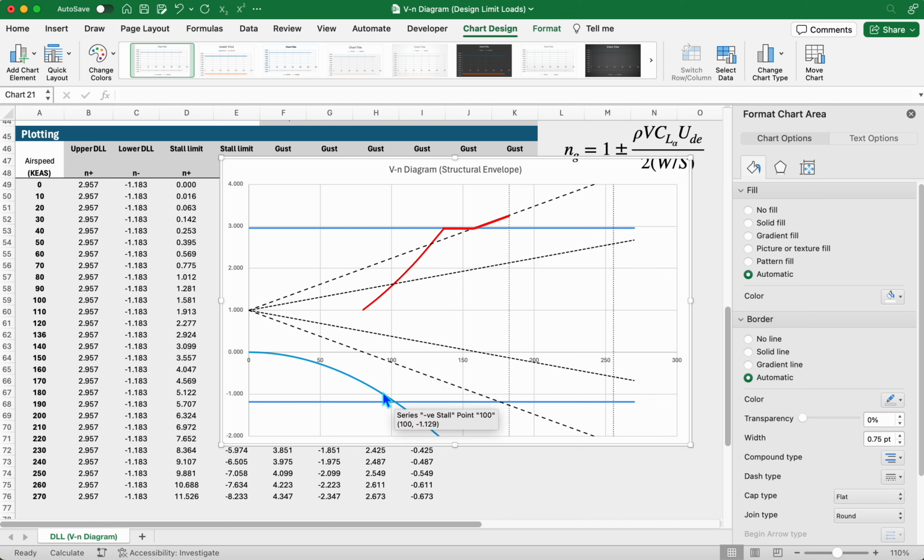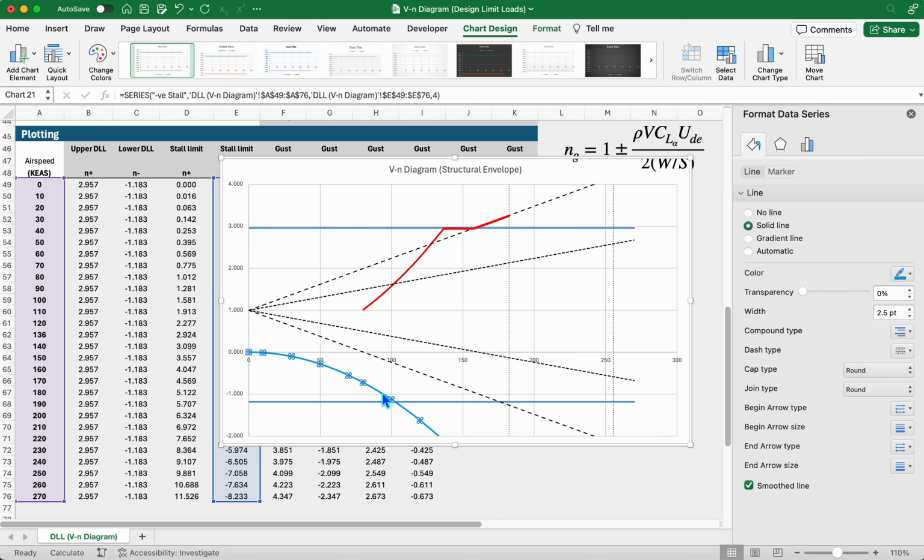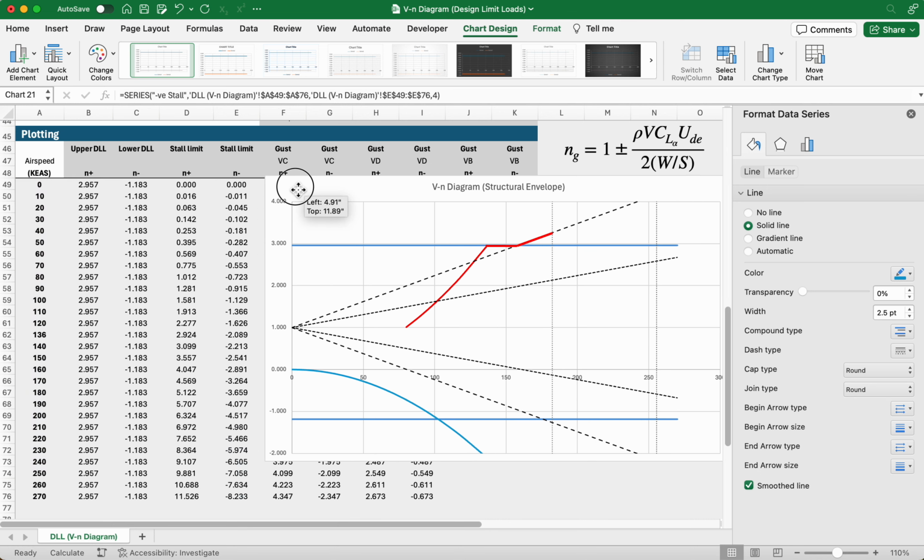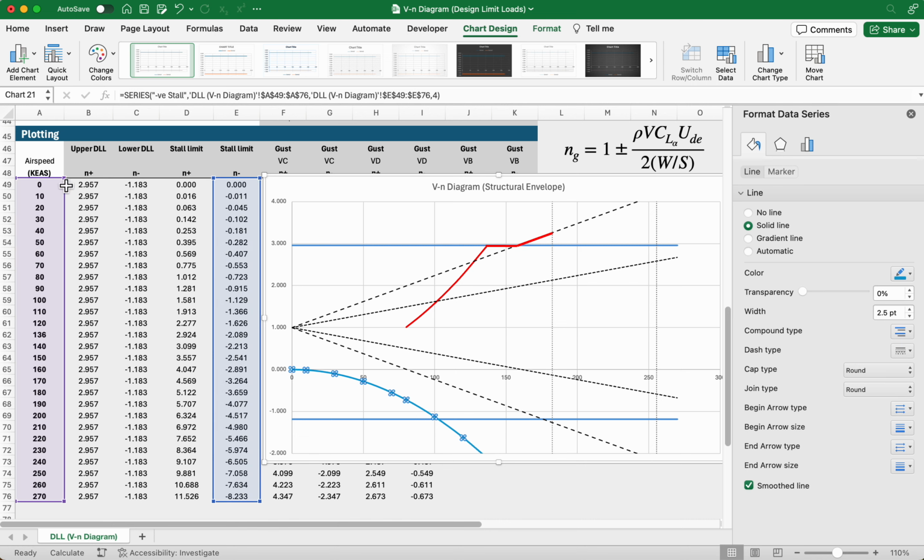Good. We do the same thing for our lower stall, and when this intersects with -1 value, I'll move this over a little bit. This intersects with -1, just under 100 knots, so let's go to 90.